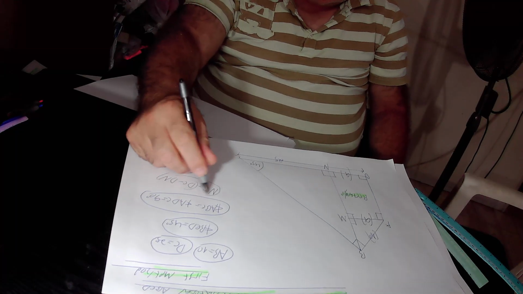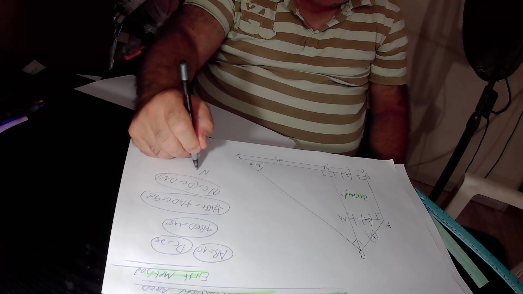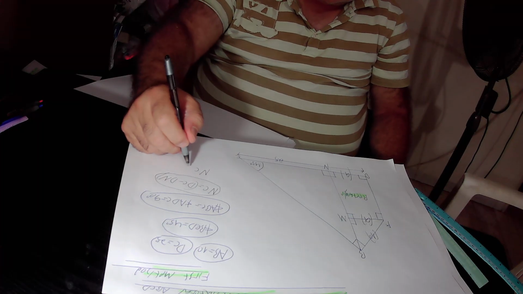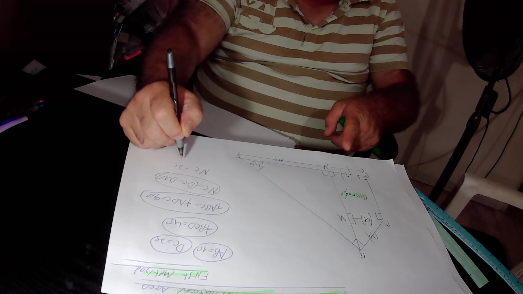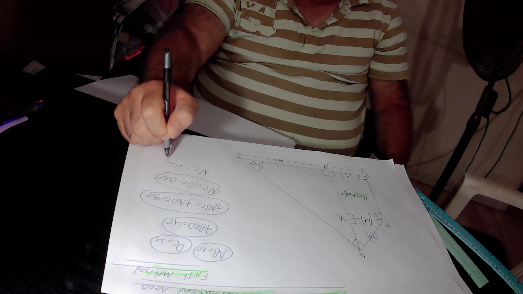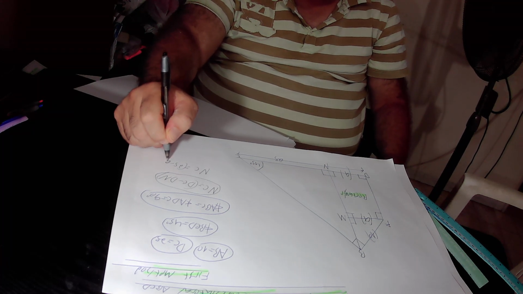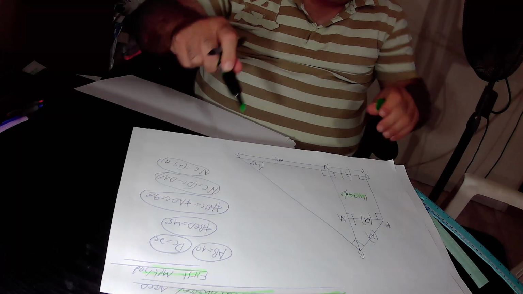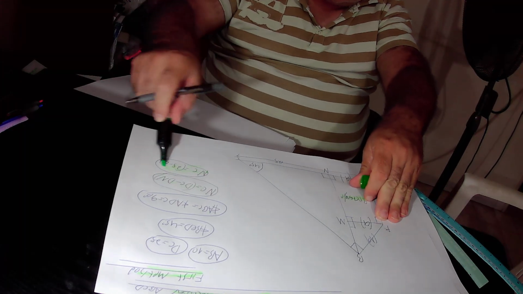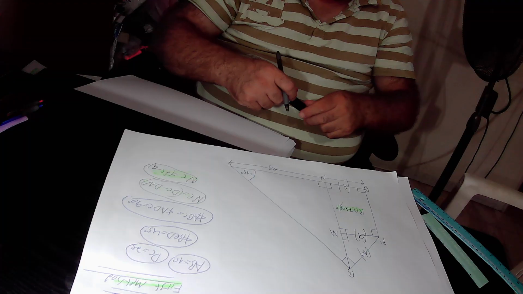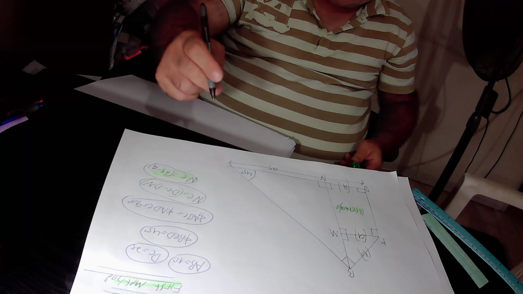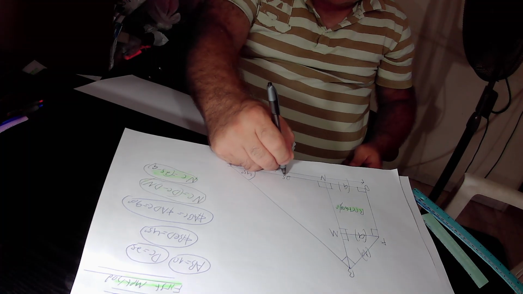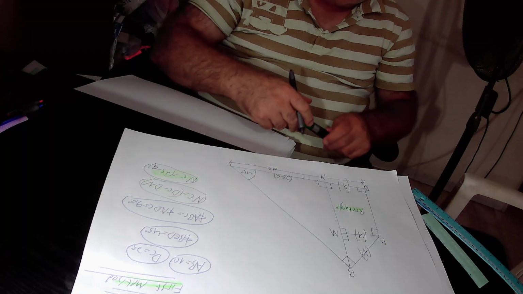DC is 25, DN is a. So in total NC equals 25 minus a units in length. This is line segment NC, equal to 25 minus a units in length.